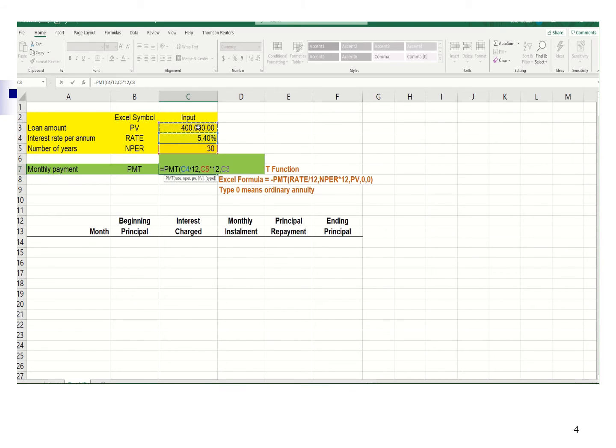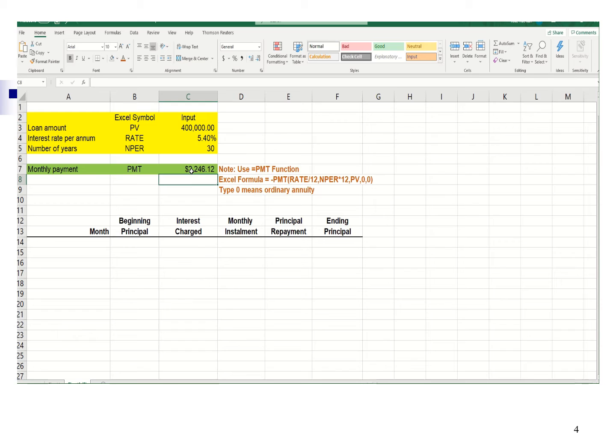Okay, type comma, then future value is 0, comma again. I shall type 0 for ordinary annuity. Close bracket. And don't forget, in order to obtain a positive answer, I should put a negative in front of the PMT. Enter, and this is the monthly installment.